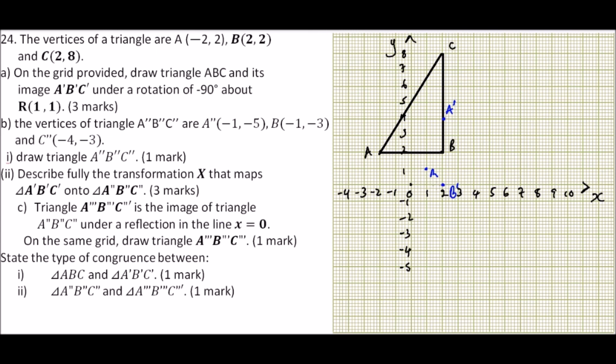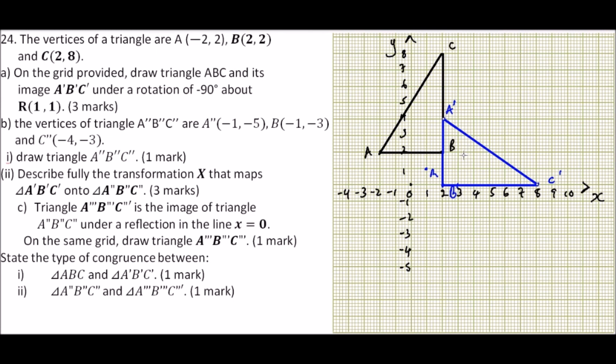So we have 1, 2, 3, 4, 5, 6, 7. So we have our point C at 8, 0. So that is our triangle ABC prime, and let's draw that. So that is our image, our triangle ABC prime.